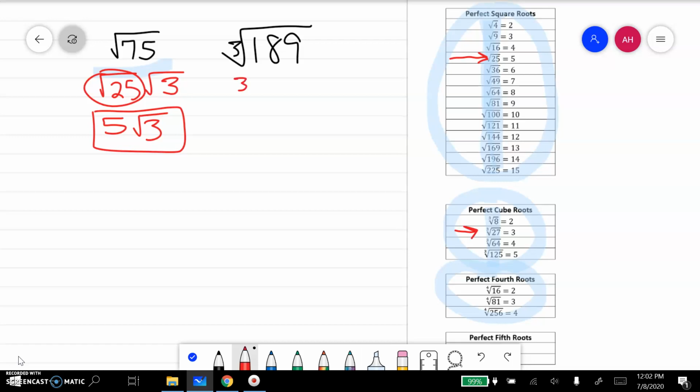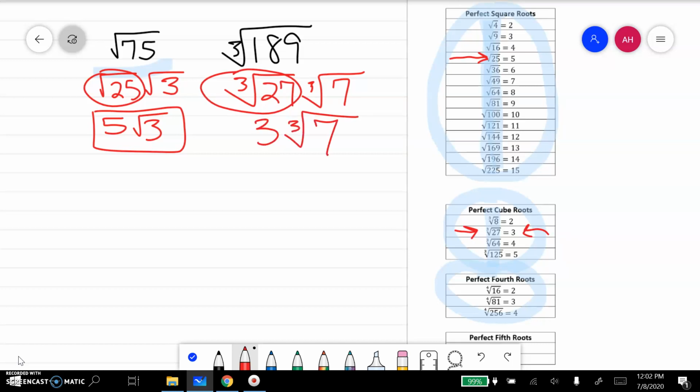So we're going to break this down. You do need to pay attention to the root because that makes a difference. We do cube root of 27, and 27 goes into 189 7 times. Then we simplify the cube root of 27. We know according to this chart that that is equal to 3. And 7 doesn't have a cube root, can't simplify it anymore, so that is the answer.